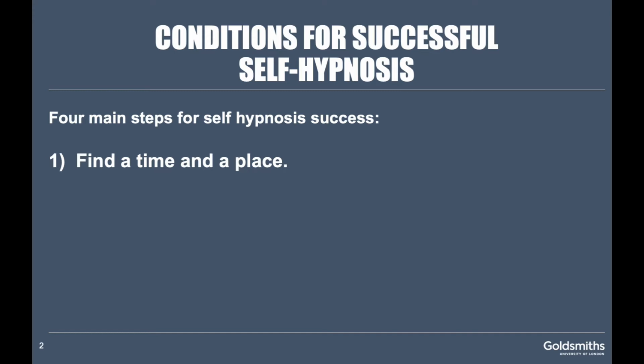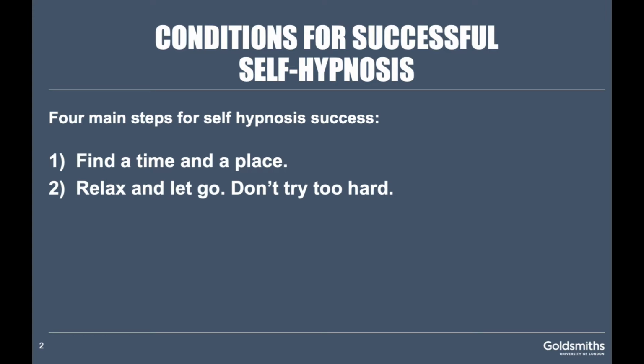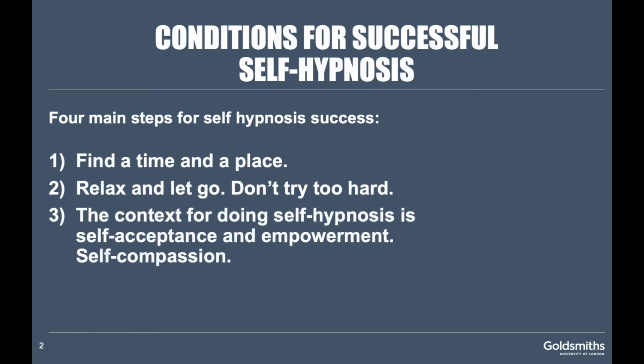Secondly, most important is to not try too hard, to just relax and let go. Trying too hard interrupts your ability to relax and go inside. The context for doing any successful self-hypnosis is self-acceptance, empowerment and self-compassion.